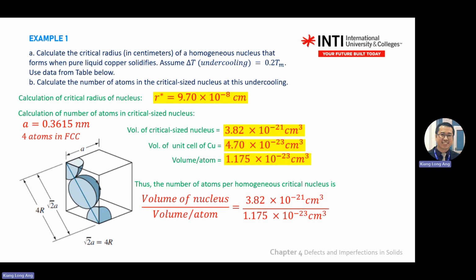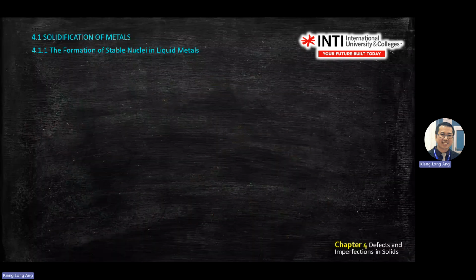Make sense? So you have 325 atoms of copper for one stable nucleus that has already reached the stable stage. Inside here you have about 332 atoms. Okay? Make sense?